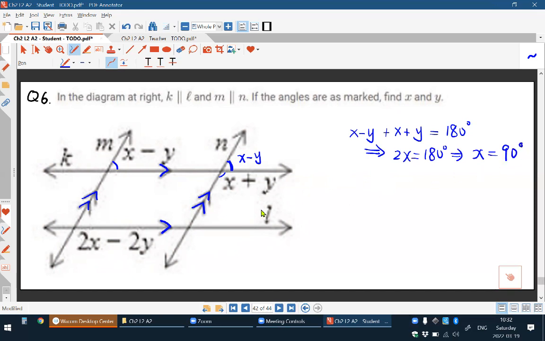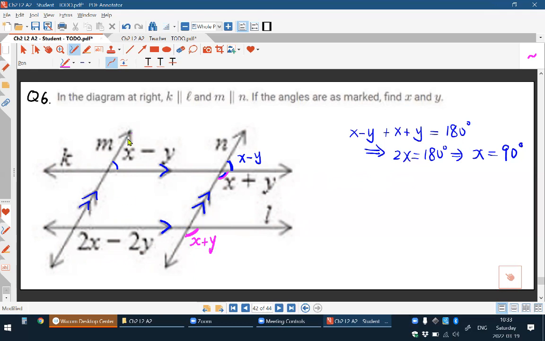Okay, next, let's use another piece of information to find the y. Again, because line K is parallel to line N, these two angles here, let's use another color, must also be corresponding angles, right? So this angle is x plus y. This gives us this angle is also x plus y, right?